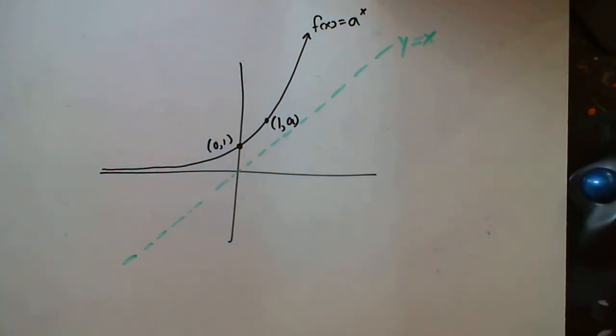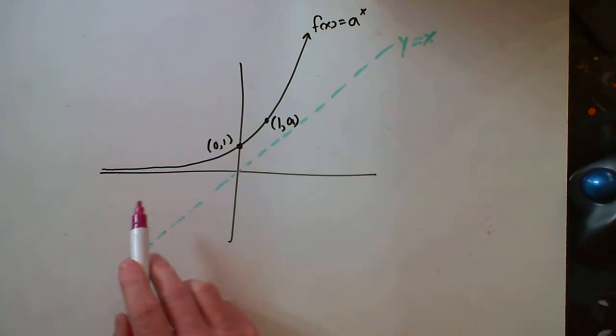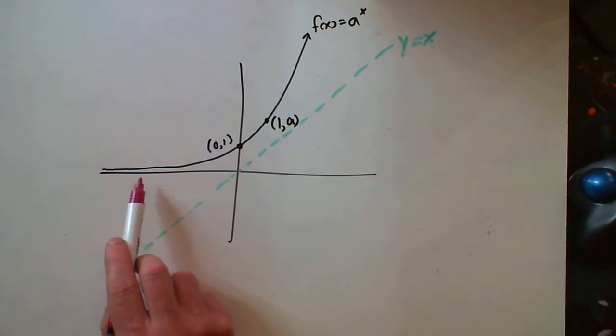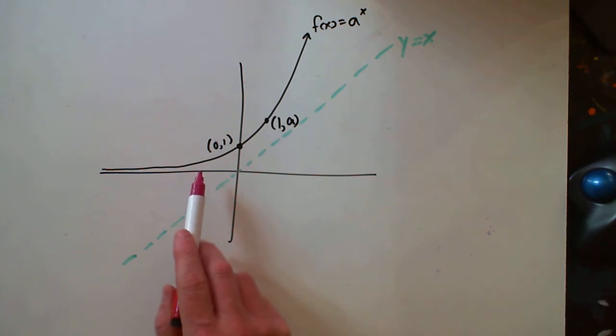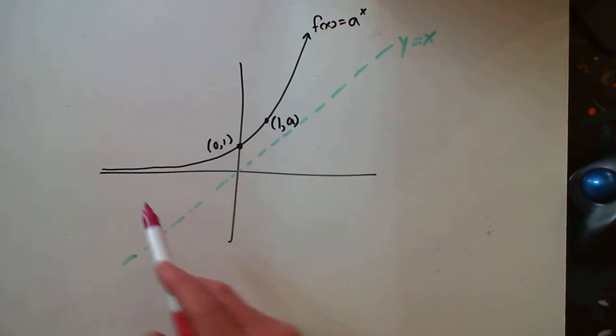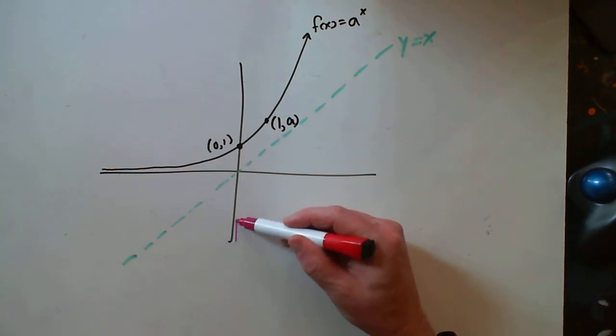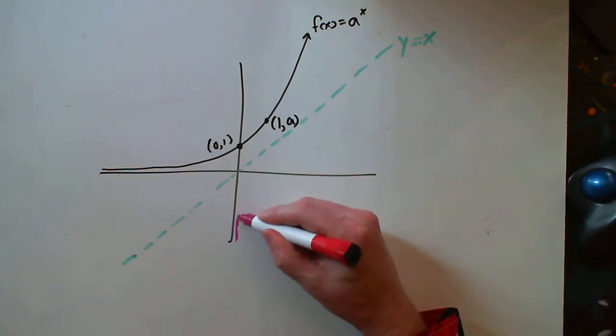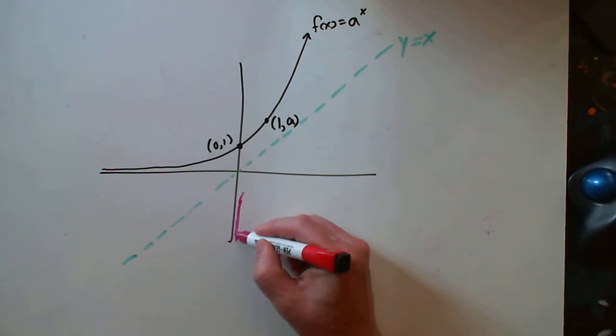So if this is our exponential function, our logarithmic function should have its asymptote opposite. The exponential is asymptotic to the x-axis, and our logarithmic function will be asymptotic to the y-axis as it goes negative.